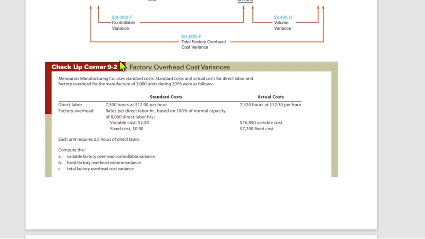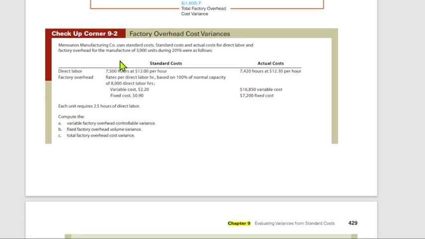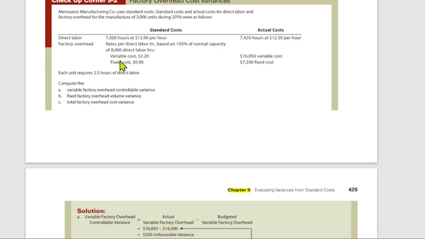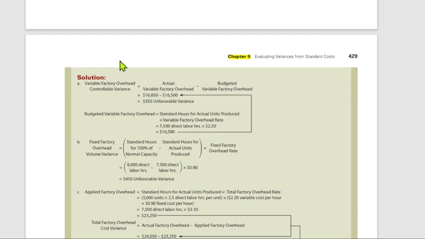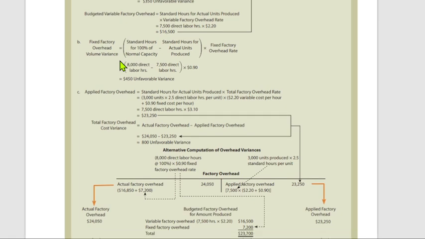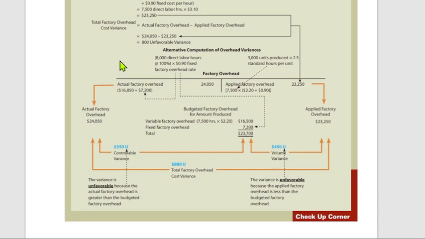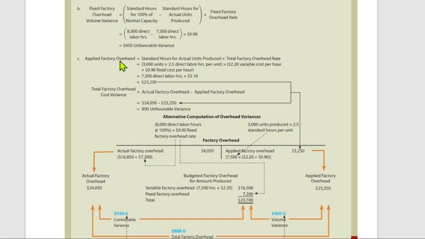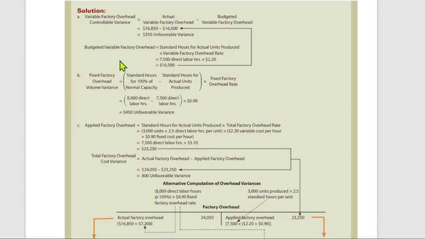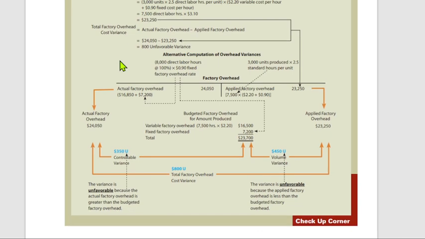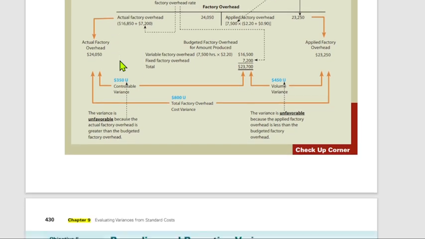Let's proceed more. Okay, Checkup Corner number 9-2 will guide you on how to compute for your factory overhead variances, specifically controllable, volume, and the total cost. Okay. As I said, we will not deal more with how it is computed. We will just review how some items are computed, but we focus more on how we report these variances.